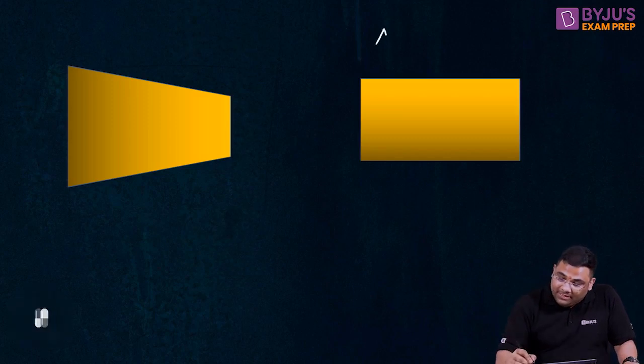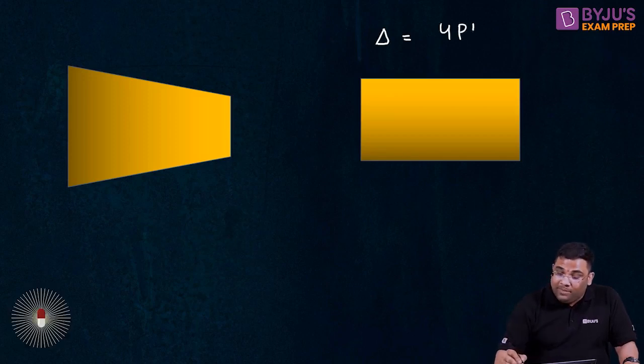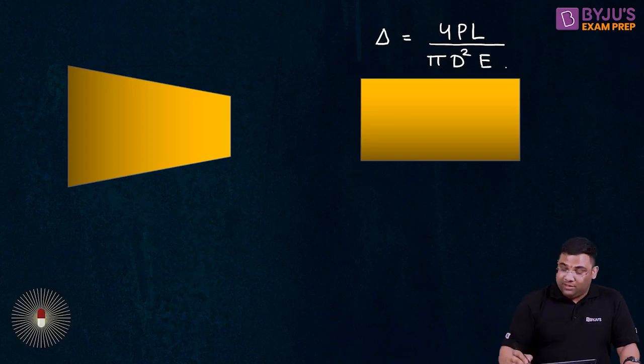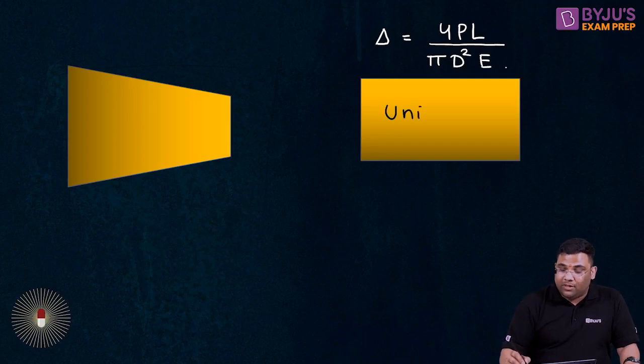This is a bar of uniform cross-section. The deformation formula is 4PL by pi d square into E. This formula we just saw is for a uniform circular cross-section.